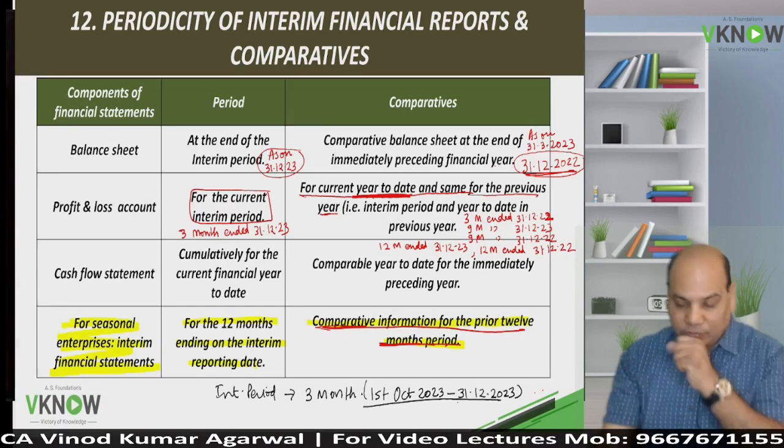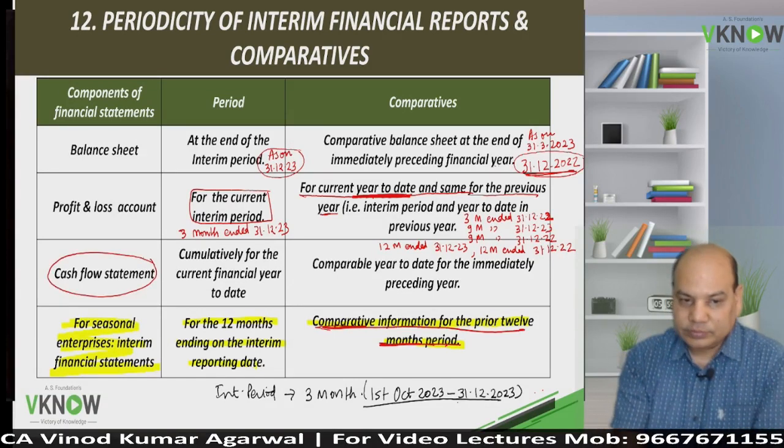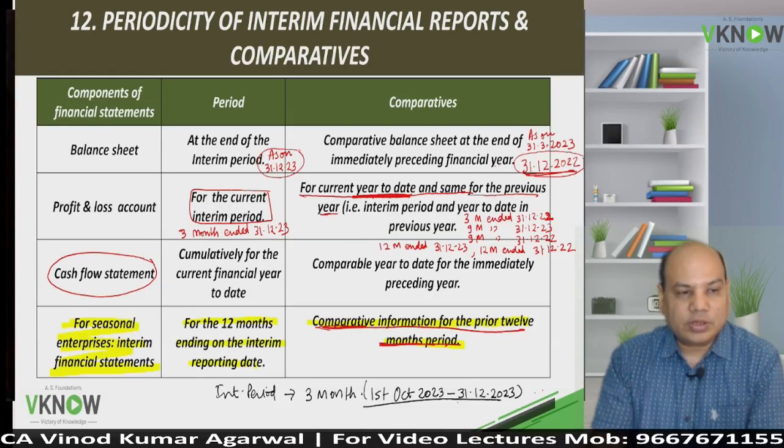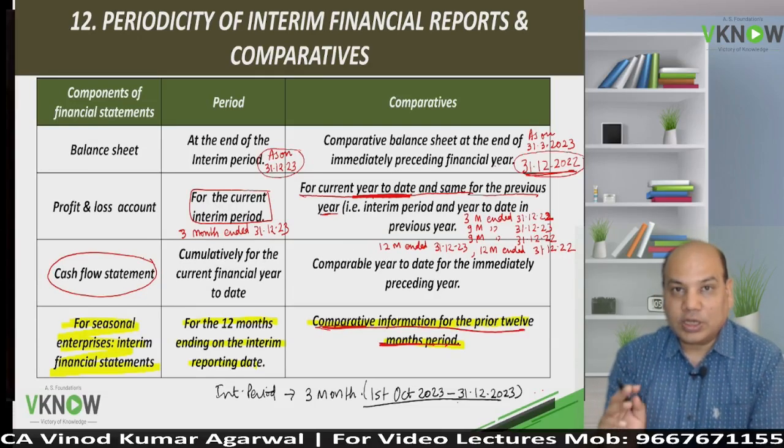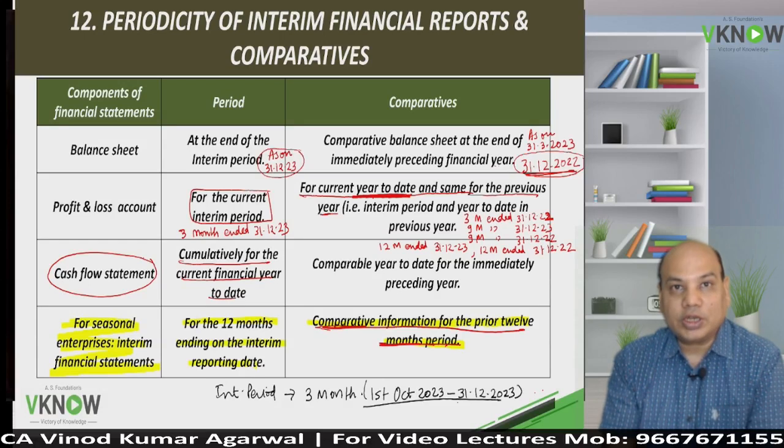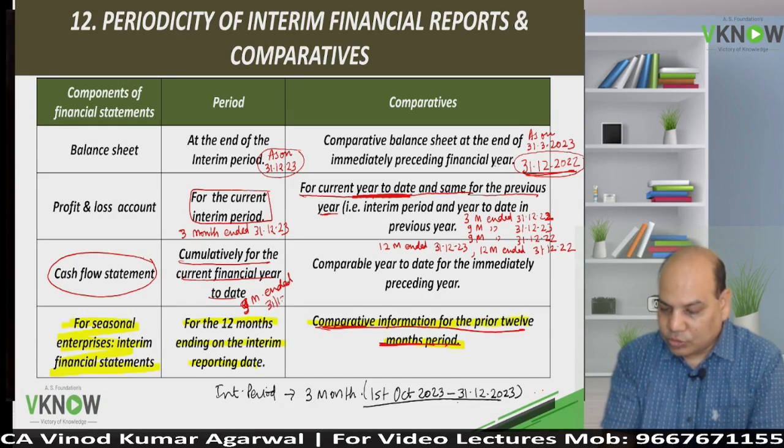Okay. Now what about cash flow statement? For the interim period, current year interim period, we have to prepare cumulative for the current financial year to date. So this will be 9 months ended 31/12/23.